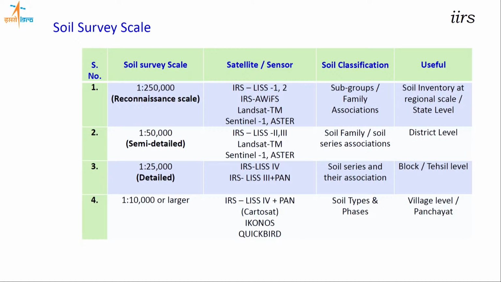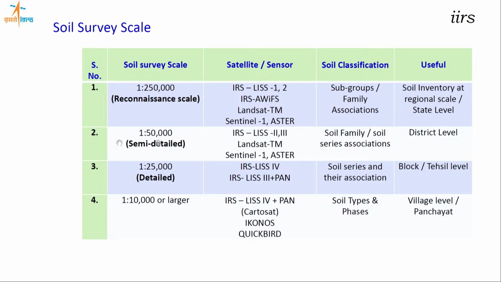Then the question comes. Yesterday I also discussed this, that soil survey scale is very important. What scale do we want to prepare the information at? In general, there are 4 types of scales we use in soil survey: the reconnaissance scale, semi-detailed scale, detailed scale, and very detailed scale.